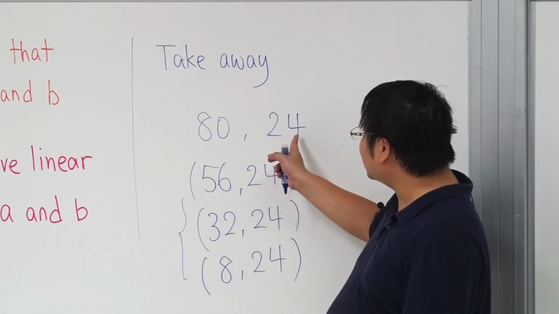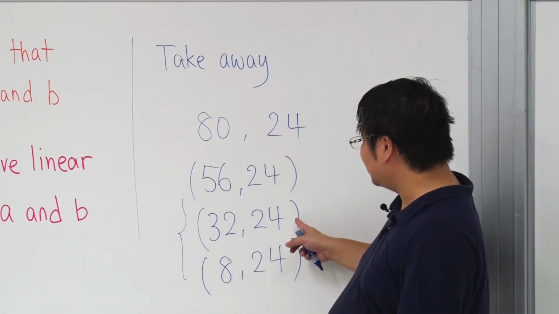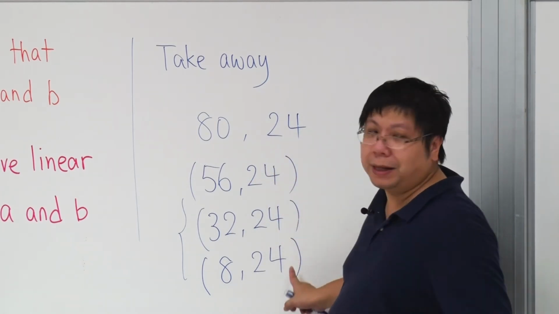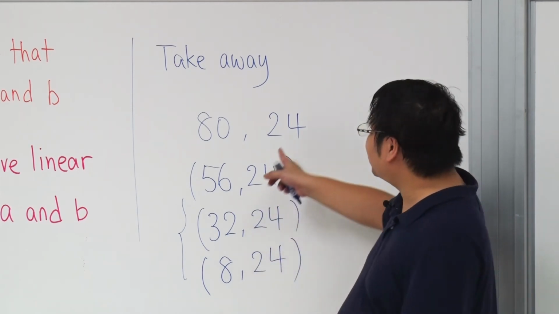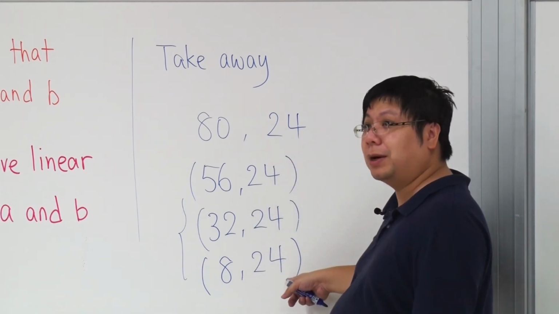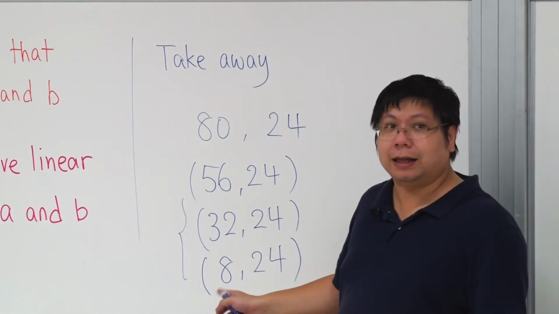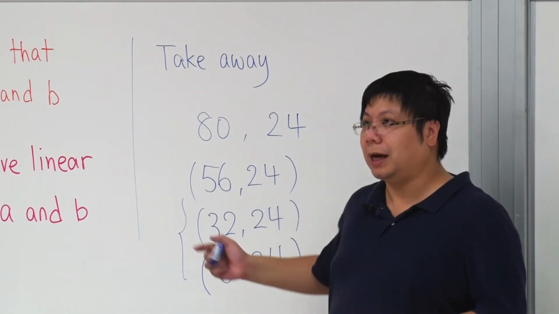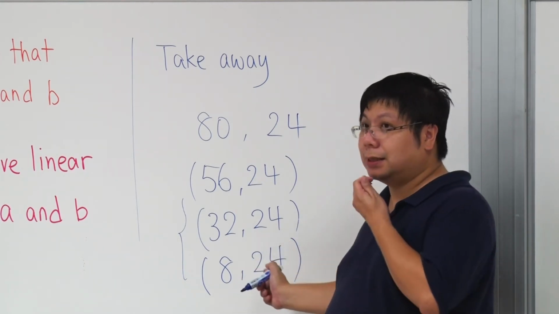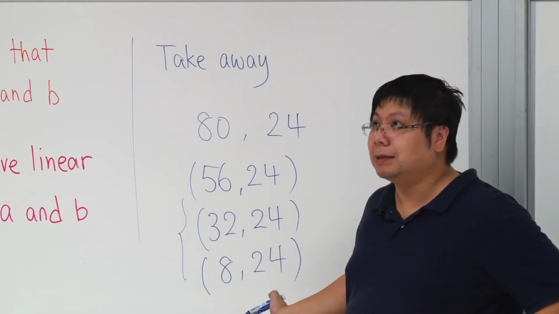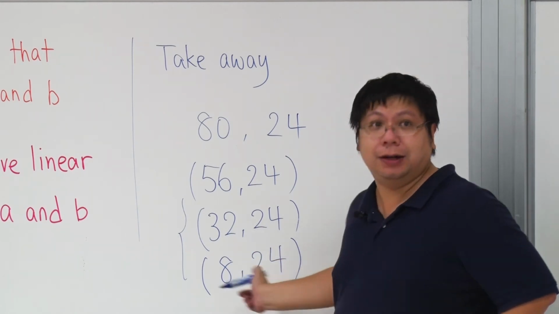If the first player takes two copies like this, then the second player has to choose this one. If the first player takes three copies, then the game becomes 8 and 24. And then the second player can make it into 8, 16, 8, 8 or 8, 0.